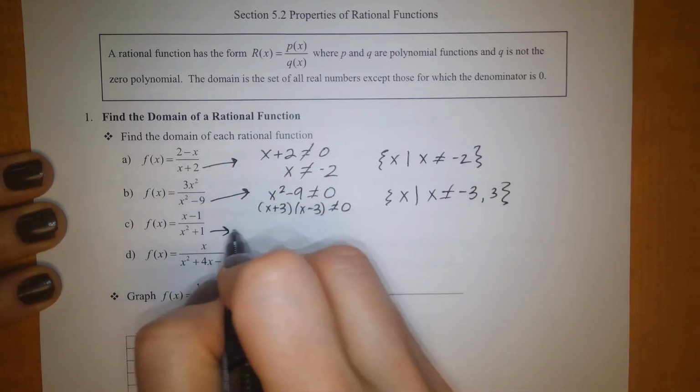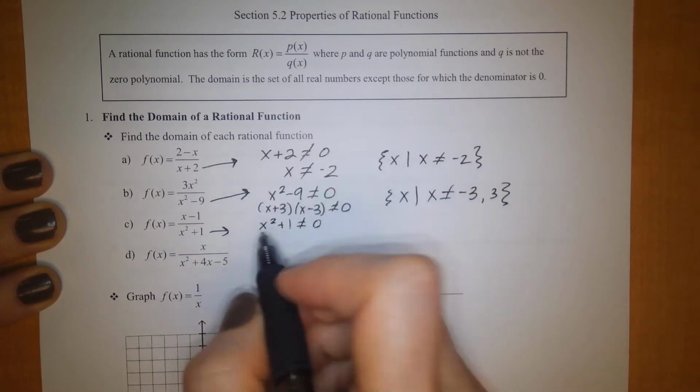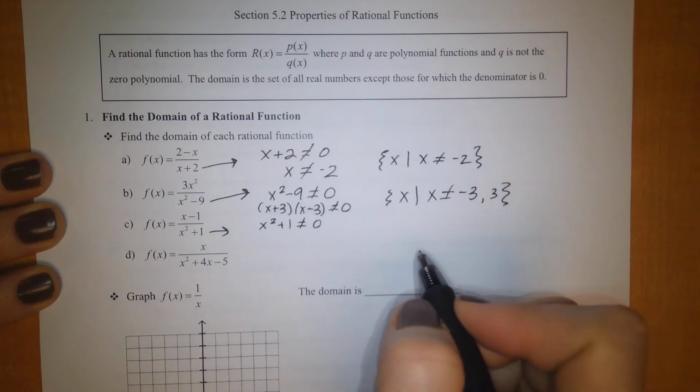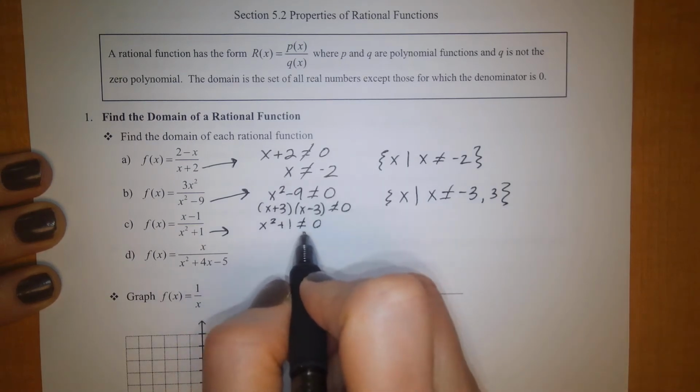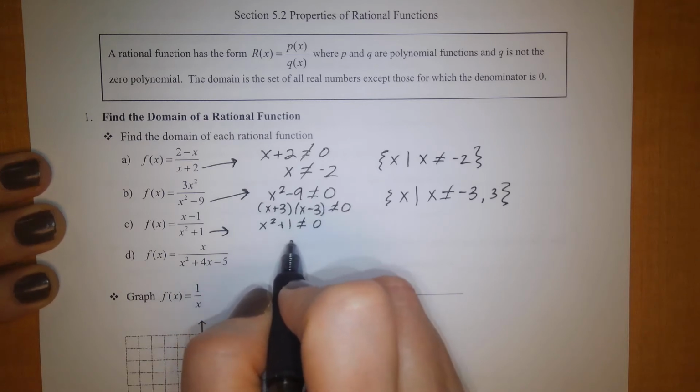For the next example, we state that x squared plus 1 cannot be 0. This is not factorable. Since it's not factorable, you could try putting this into the quadratic formula.